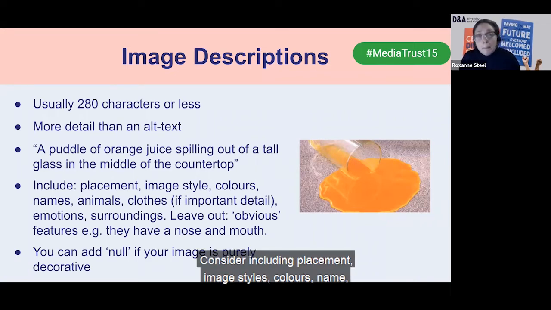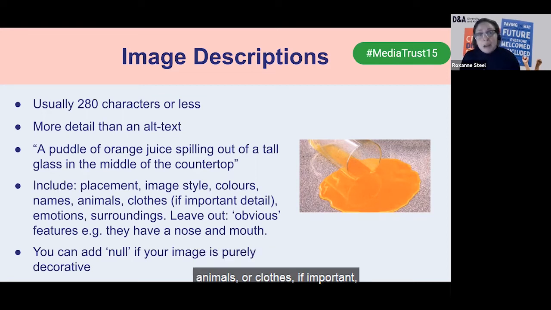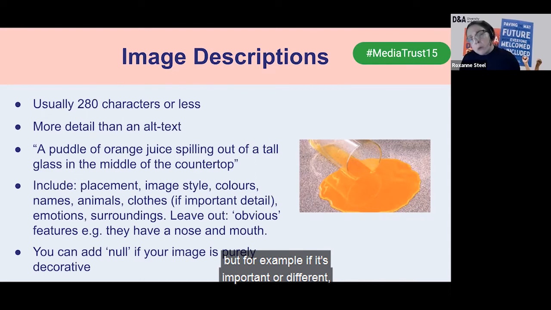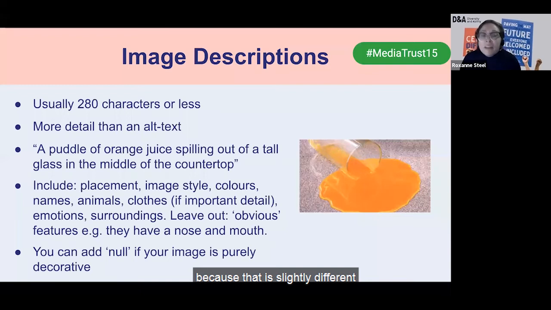Consider including placement, image styles, colours, named animals or clothes if important, as well as emotions or surroundings. Try and leave out obvious features, for example, if they have a nose, but if it's important or different, such as if you were describing a picture of Voldemort, you might want to include he doesn't have a nose, because that is slightly different and not necessarily obvious.